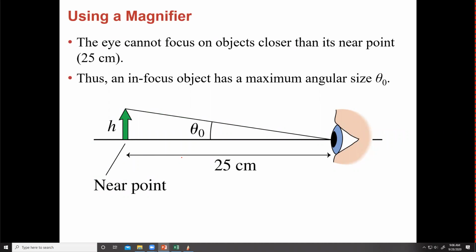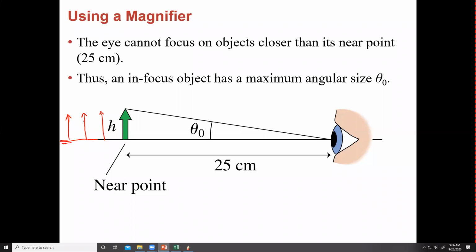So what's the maximum angle we can see? What is the maximum angular size for any object? Let's consider an object, and let's say we move this object closer and closer to the eye. Initially it's here, now let's move it closer, and even closer.